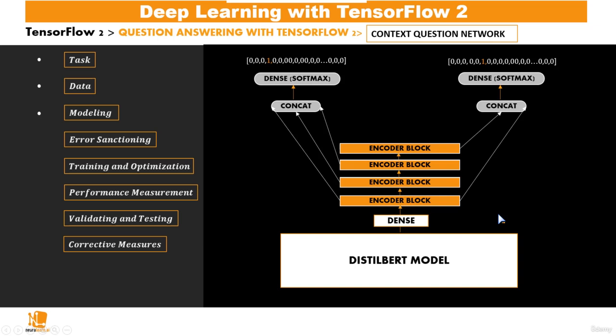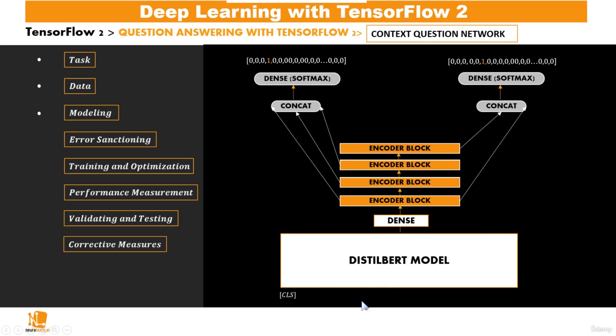Also, coming from the fact that the BERT model is designed such that both the context and the question can be passed directly as inputs, we don't need to define two separate models to take in the context and the question as previously we had seen.